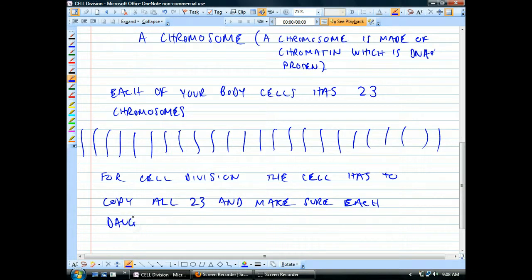Otherwise, like I said, if a skin cell is missing the chromosome that has the gene for a certain protein, then it's not going to work right. It's not going to be a skin cell. So they have to have the full set. Make sure each daughter cell has a full set of 23.